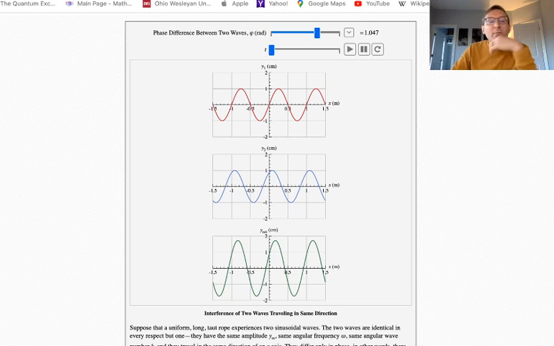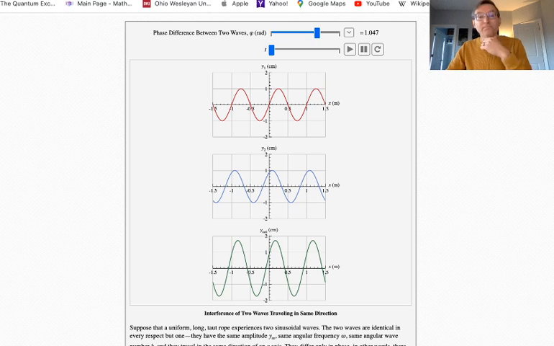One graph is drawn with a red curve, and the other with a blue curve. And they both represent our sinusoidal waves. The top graph, the red curve, is y1. You can see the axis is y1 in centimeters and x in meters. And you're seeing a snapshot, an actual picture of the wave at a given time.